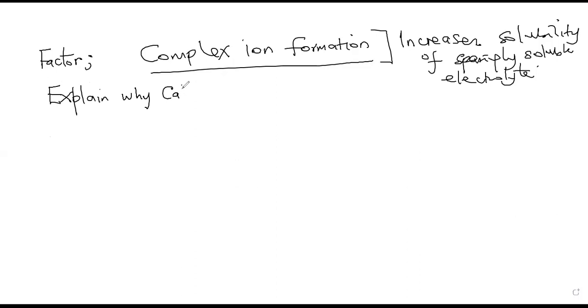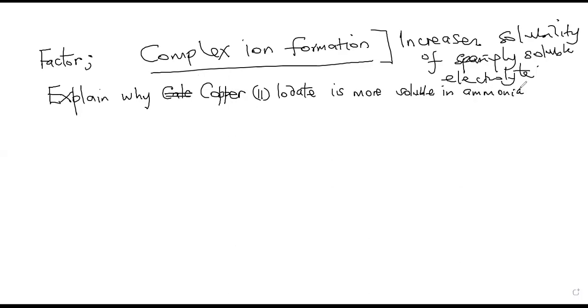Here we bring in substances which can form complexes, because copper can form a complex with ammonia. So explain why copper 2 iodate is more soluble in ammonia solution than in water.